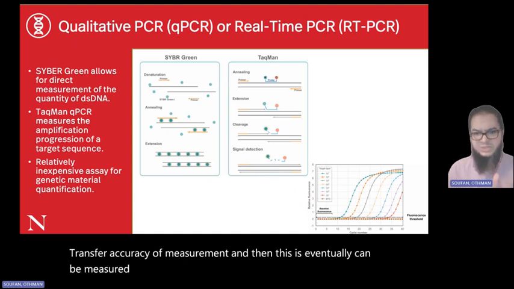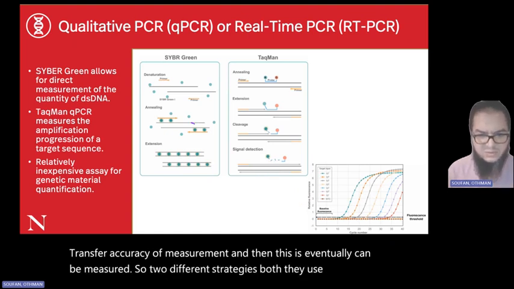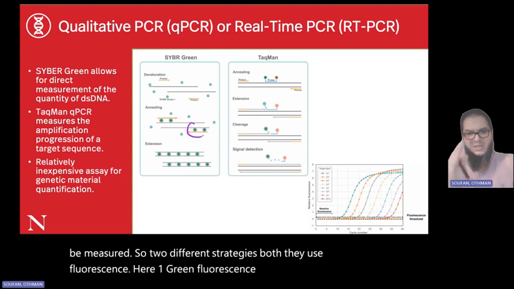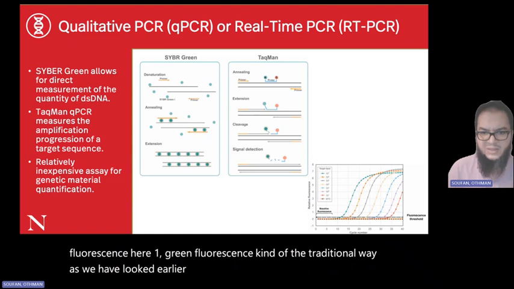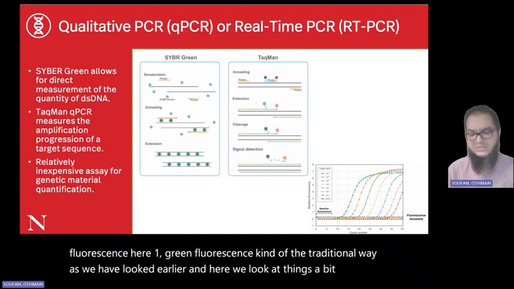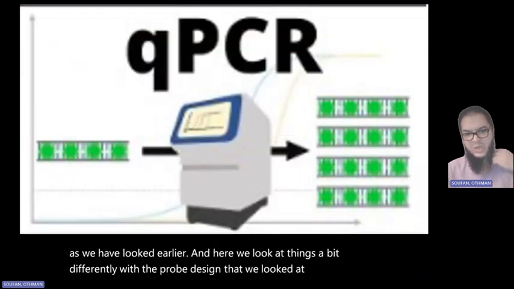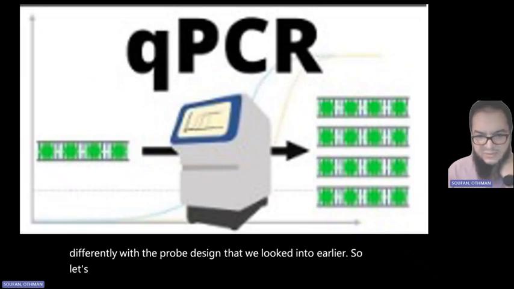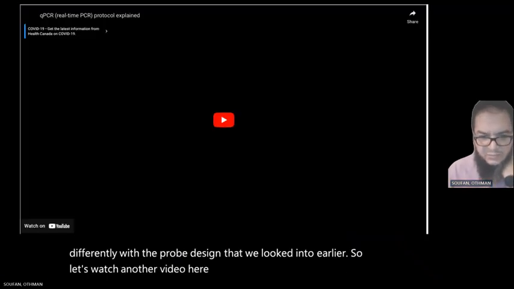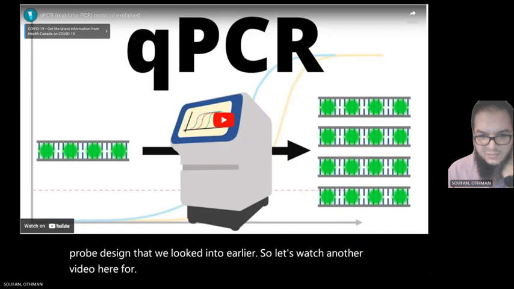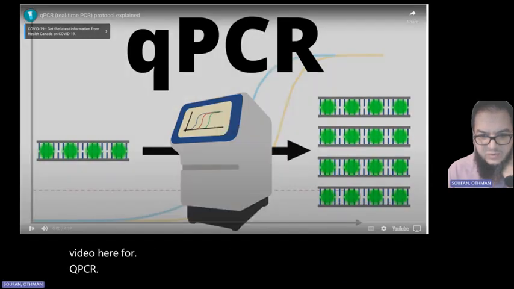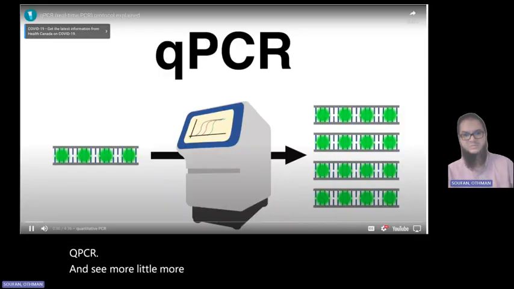So two different strategies, both using fluorescence. Here, one is green fluorescence, the traditional way as we have looked at earlier. And here we look at things a bit differently with the probe design that we looked into earlier. So let's watch another video for qPCR and learn more about the curves.